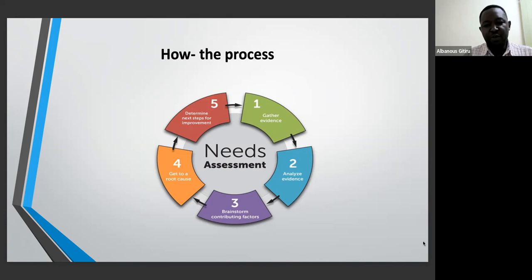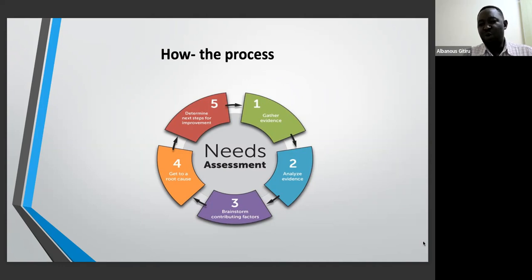Then fourth, you need to get to the root cause. These are the contributing factors, but the main factor that is the root cause is this one. Now, you will have identified where you need to start, the epicenter of your project. And 5 is determine the next stage for improvement. The next stage for improvement is like the implementation plan.